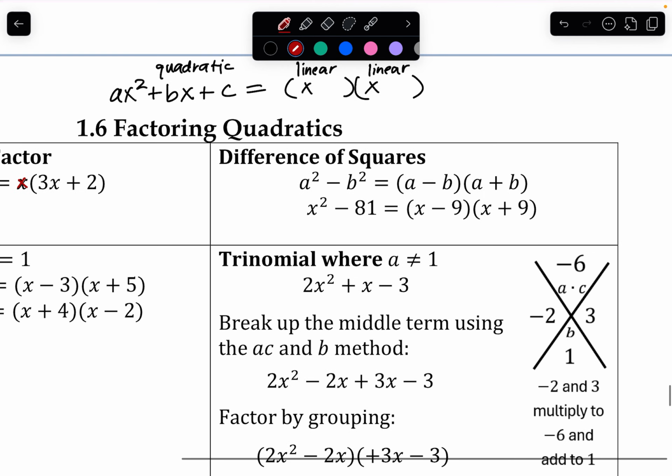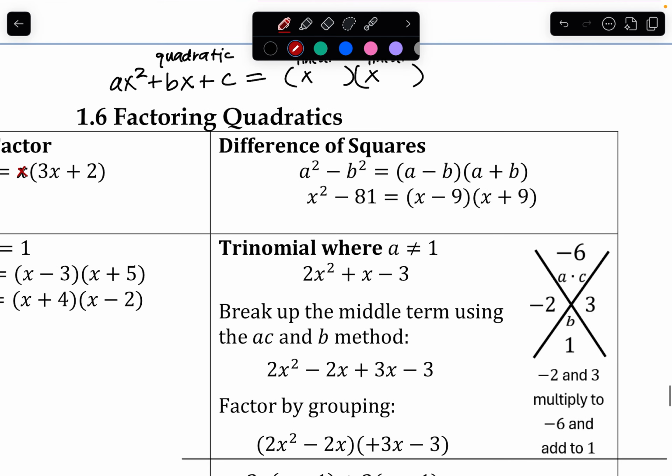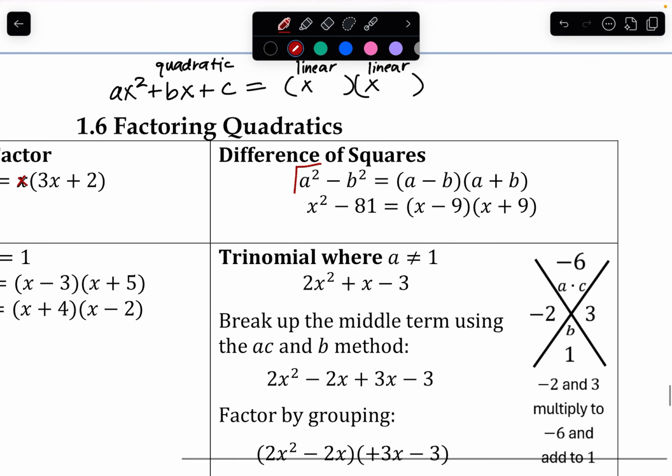The other case you may remember from Algebra 1 is difference of squares. If these two terms are perfect squares, you just square root both of them, and they appear in both factors. One gets a minus, one gets a plus, because when you multiply them back together, it's going to give you that minus sign. It's important that you recognize that it's subtraction.